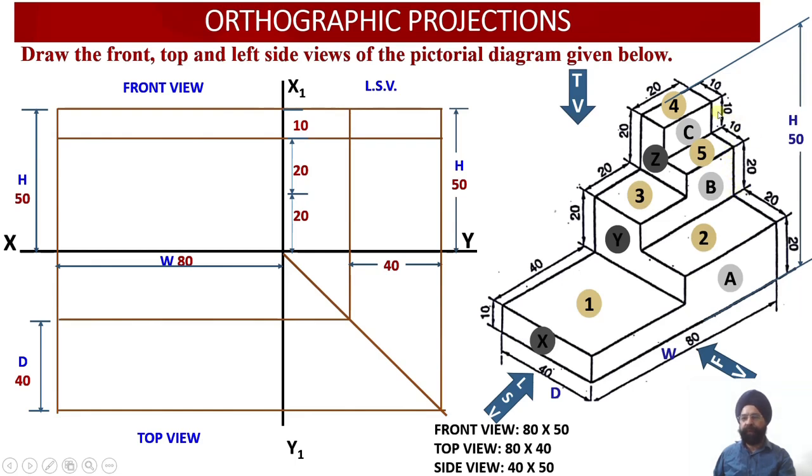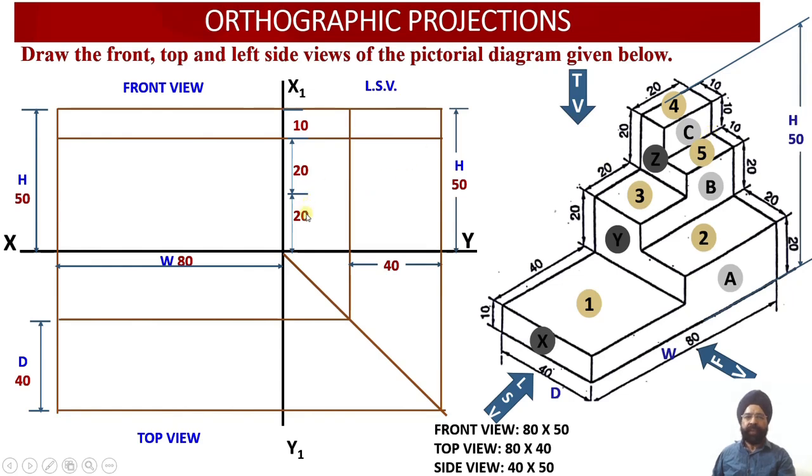And finally in the third step, you have got the surface C, where the height is equal to 10 millimeter, right? So the total height of the solid happens to be 50 millimeter, which is divided into these three surfaces, surface A, B and C. So surface A height is equal to 20 millimeter, surface B height is also equal to 20 millimeter, while the height of surface C happens to be 10.